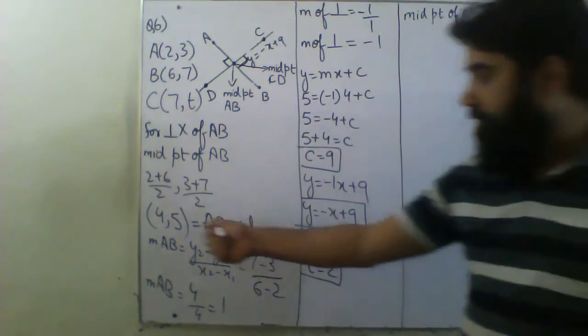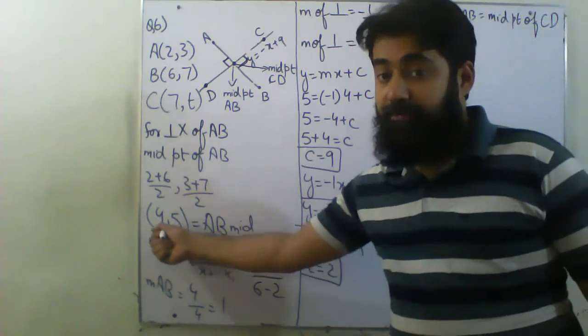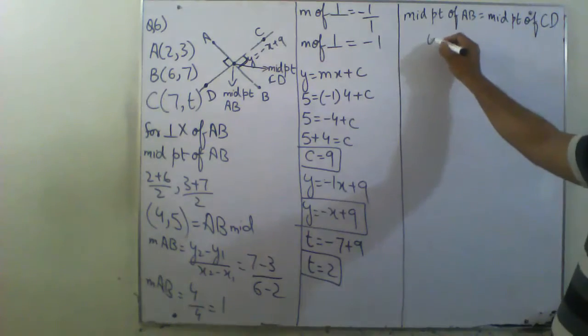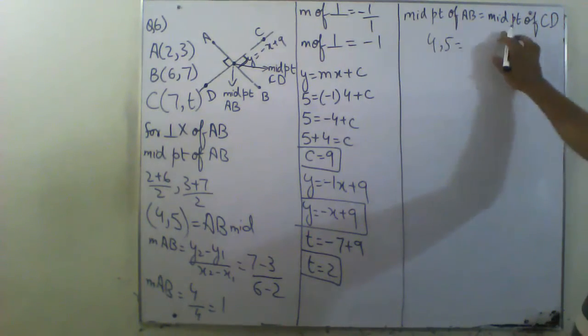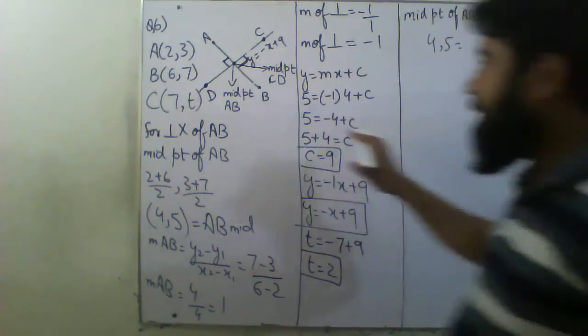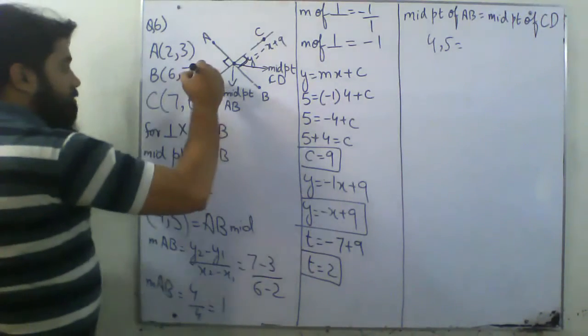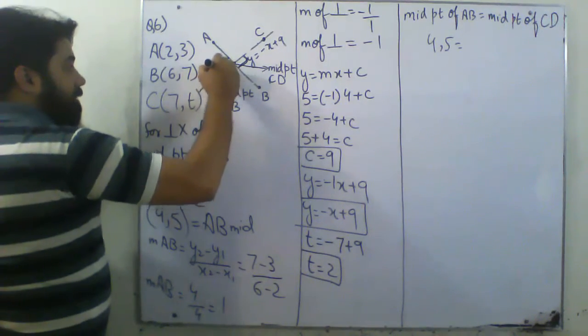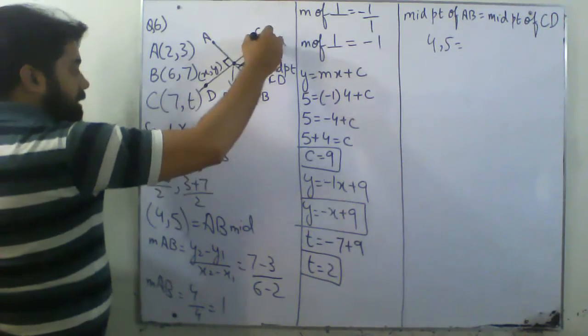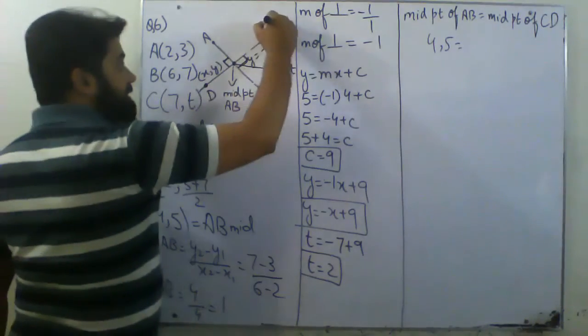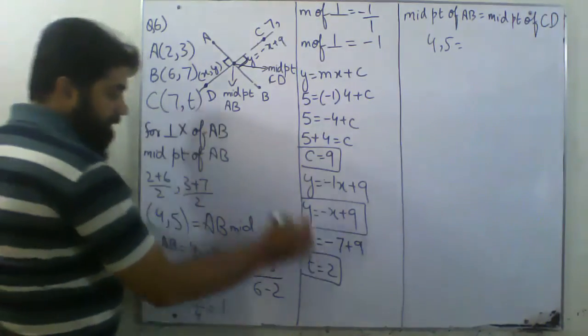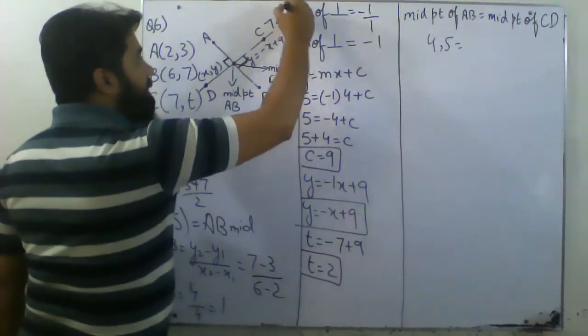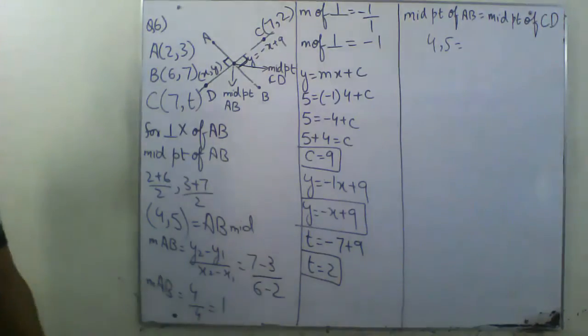Okay, now the midpoint of AB. What was the midpoint of AB coming? 4, 5. I've already found it. Now the midpoint of CD. For D, I don't know the values, so I'm writing them as x and y. For C, it was 7, t, but the value of t I have found, so that will become 2.